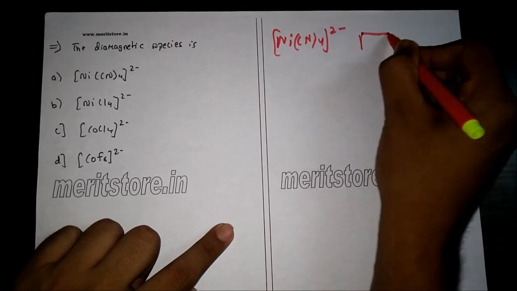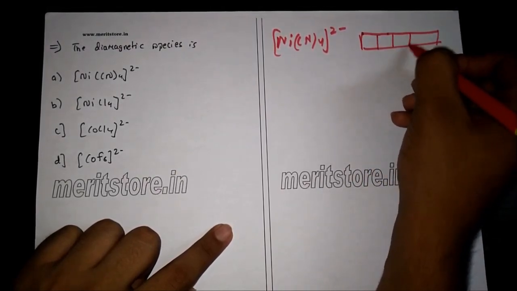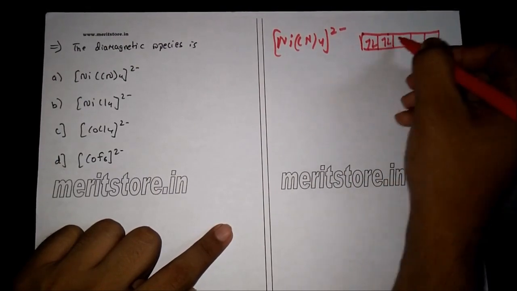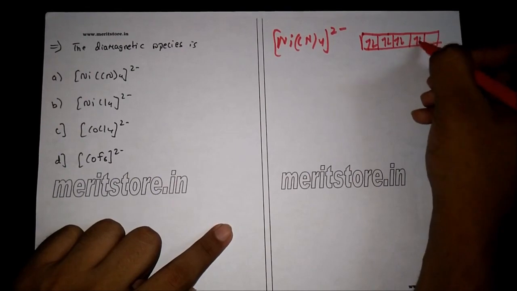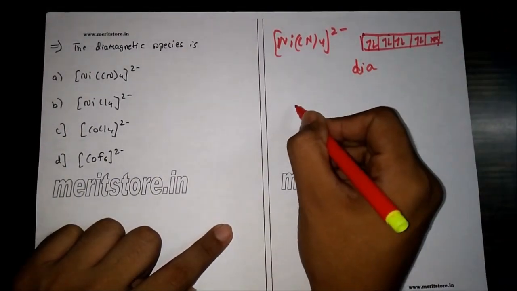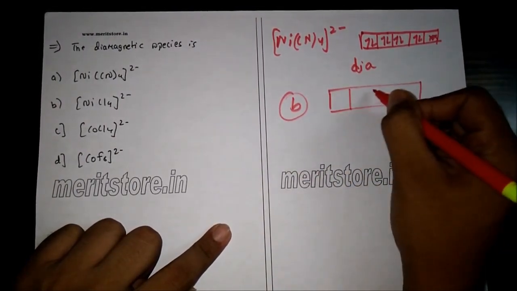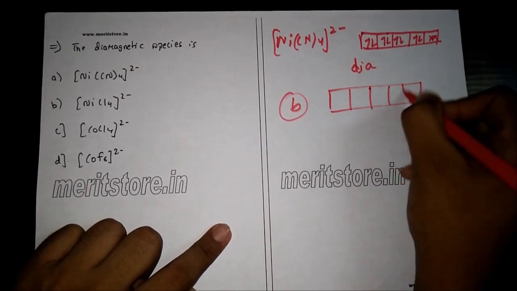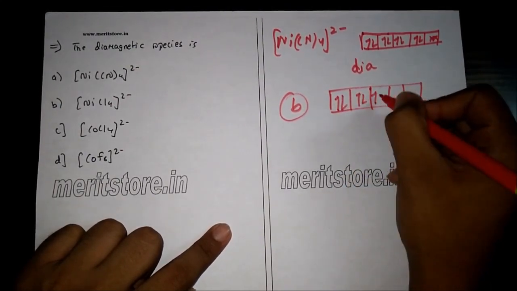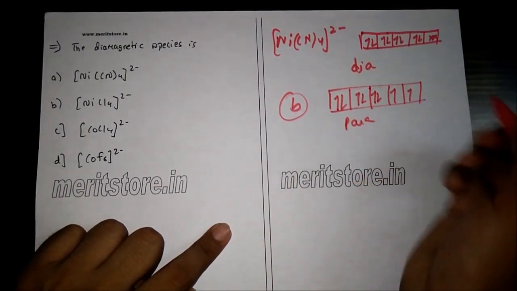Therefore in this, all the electrons are paired with the exception of the last. Therefore this is diamagnetic. Now in the second option, option B, if you look at option B's hybridization, there are two electrons which are unpaired. Therefore this is paramagnetic because of unpaired electrons.